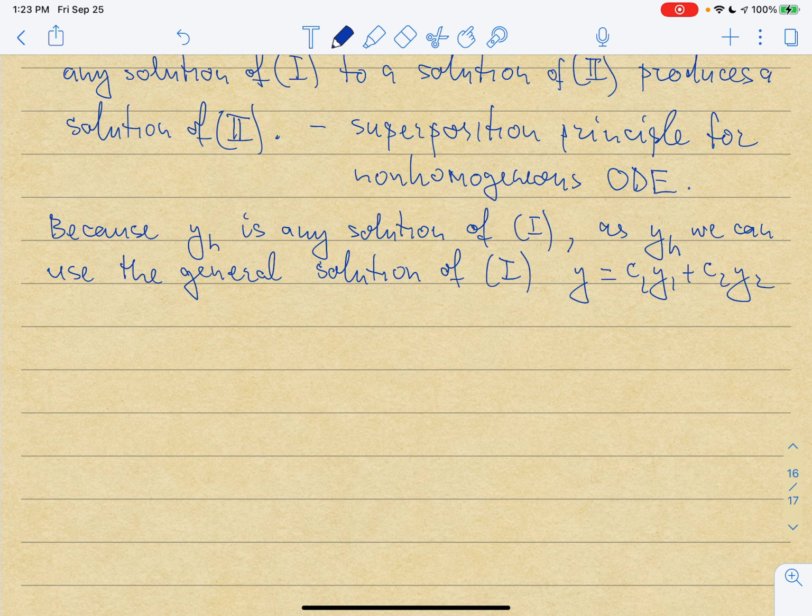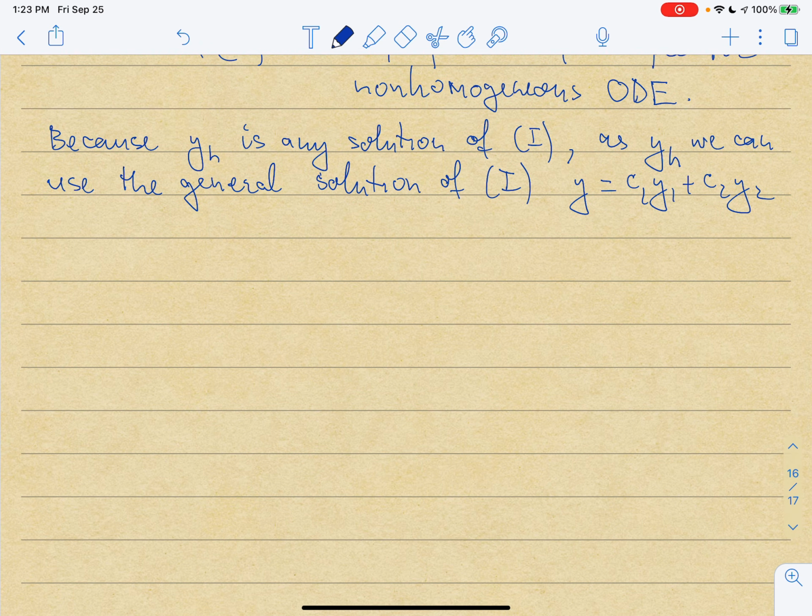And so then how do I get my solution of a non-homogeneous equation? It will look like y equal to yp plus C1 y1 plus C2 y2.